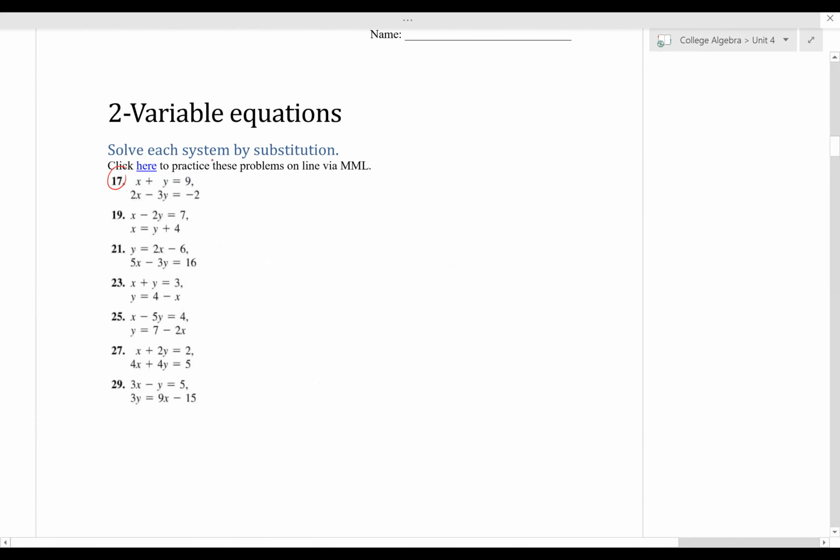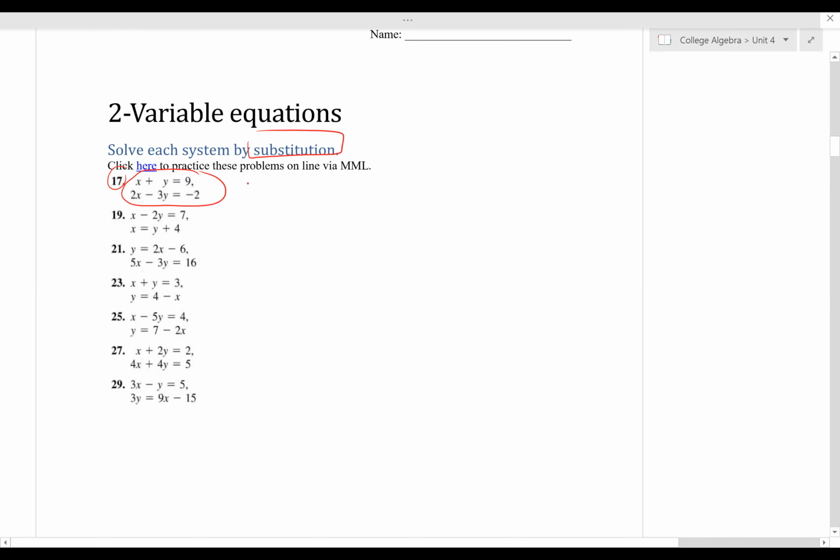And in this example, we are told to use substitution. On your quiz, you will be showing the work as you have been doing for all of the other tests for the course. So it's very important to make sure that you use this particular method. Even if you get the correct answer, you have to have the substitution method demonstrated.